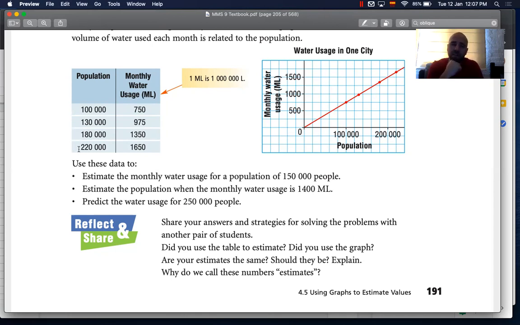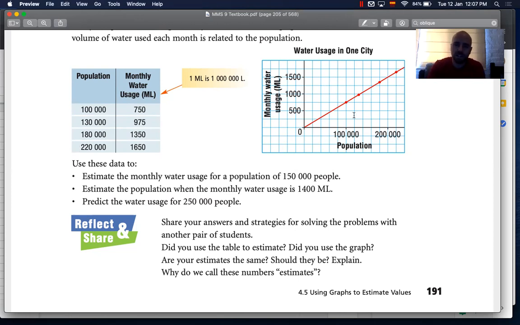So it's hard for us to determine exactly what the numerical coefficient is. We would have to get more information. We might have to break it down between 100,000 and 130,000 and then break that down into a couple more groups, so we could figure out exactly how much more water is being used as people are being added.